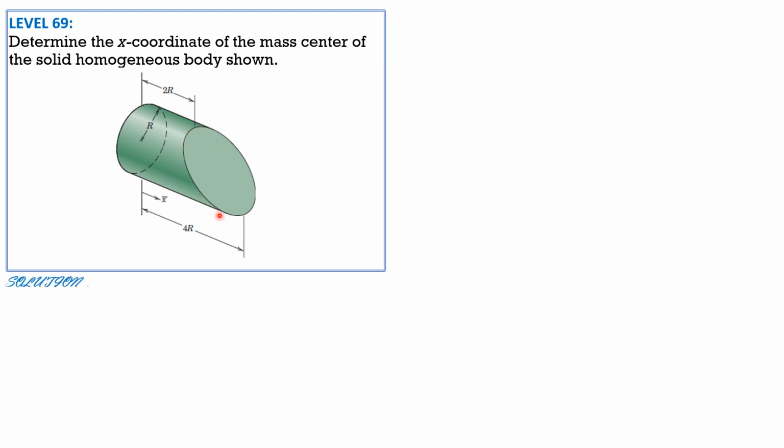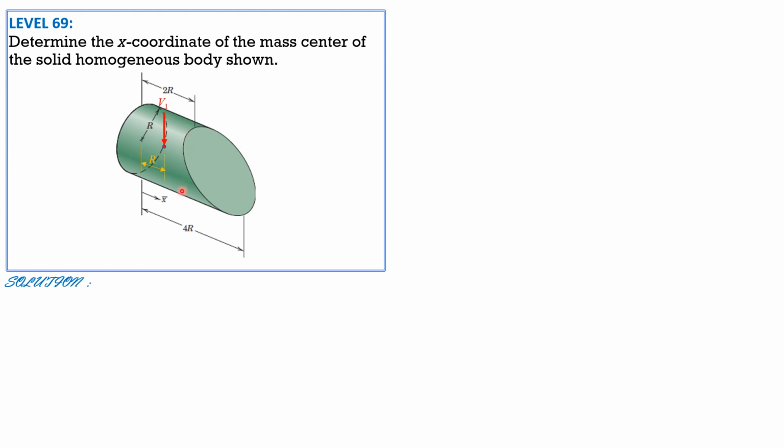So for the solution, the centroid of this right circular cylinder, if the length or height is 2r, is 2r over 2 from the base. So call that volume 1, and this is r. So 2r over 2, or r.